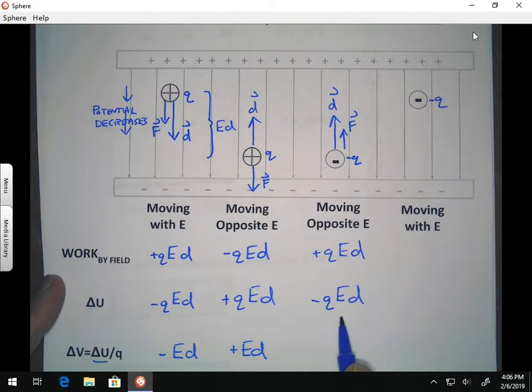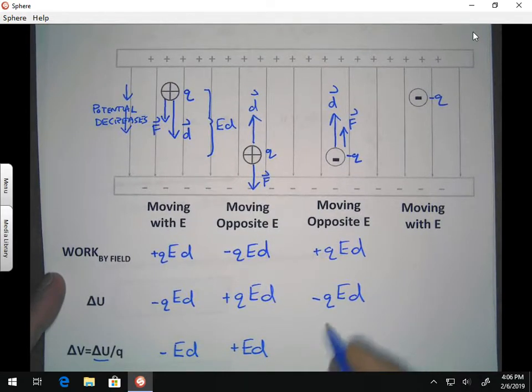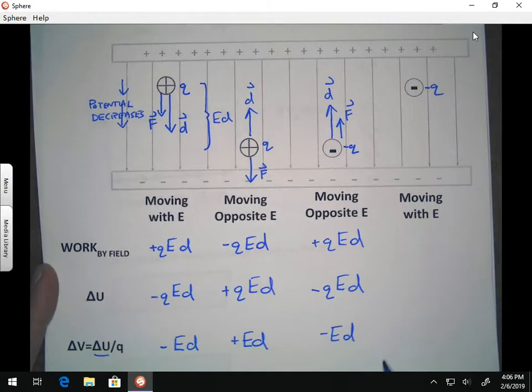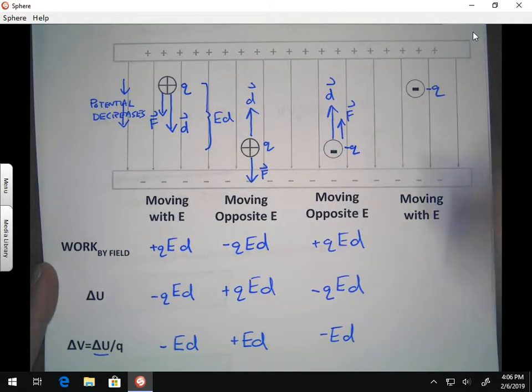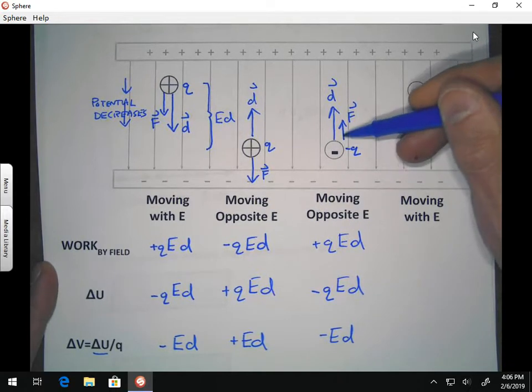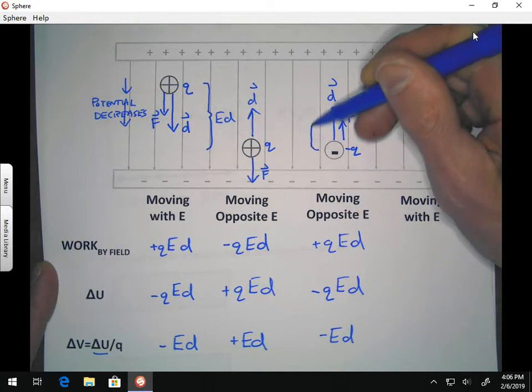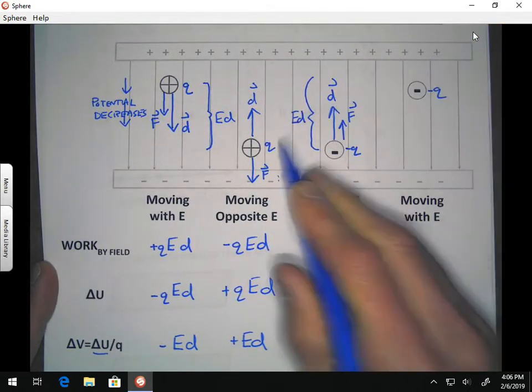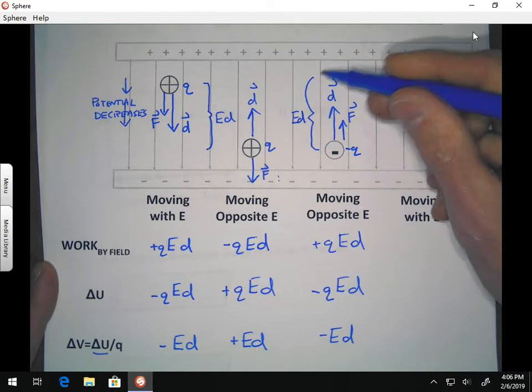And that means that the electric potential would also be decreasing as I go in that direction if I divide out the Q. So again, if my charge moves from here to here, the electric potential is changing by Ed, and I'm going to a higher potential here.